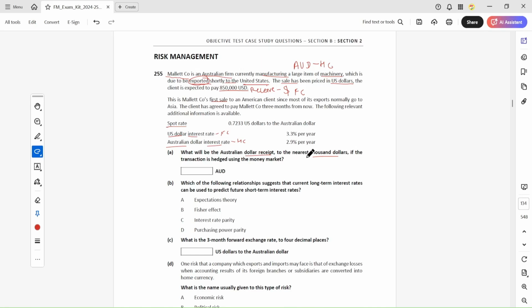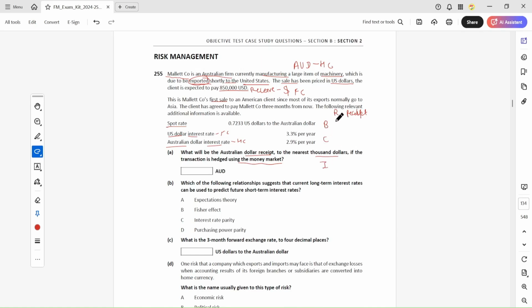How can we do the money market hedge? Because we are receiving foreign currency, the money market hedge has steps: borrow, convert, invest.